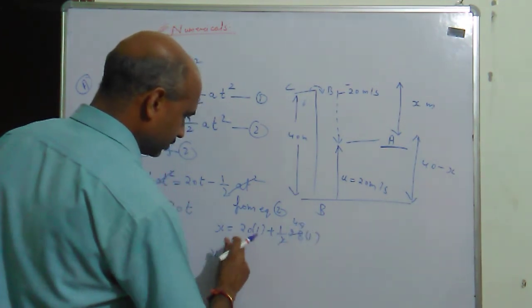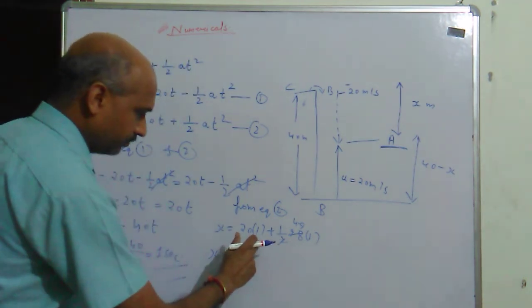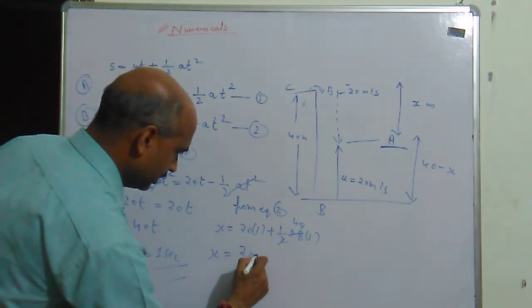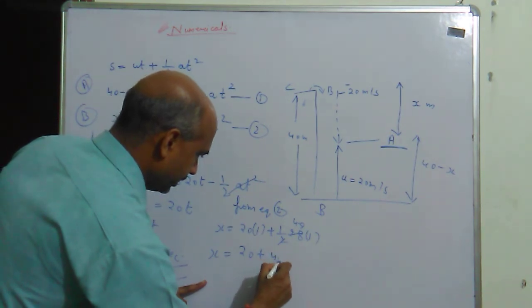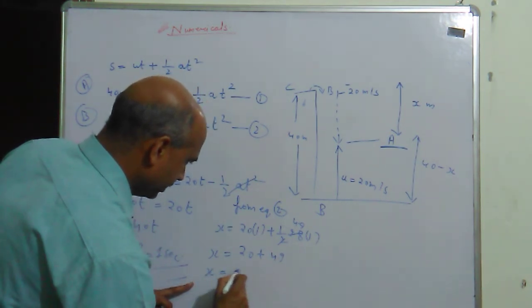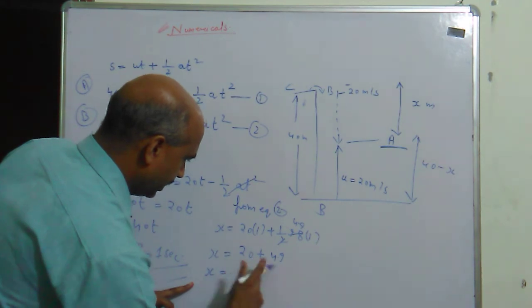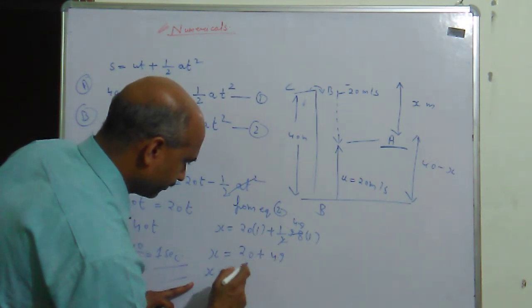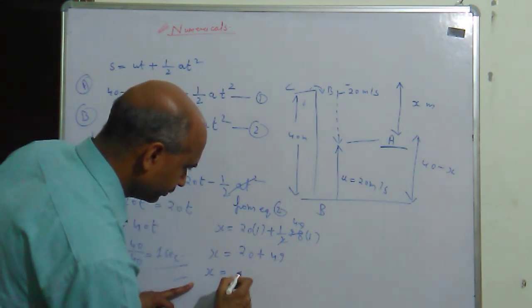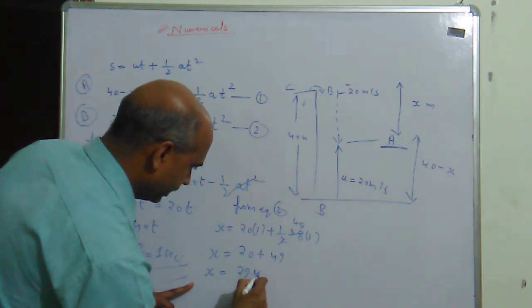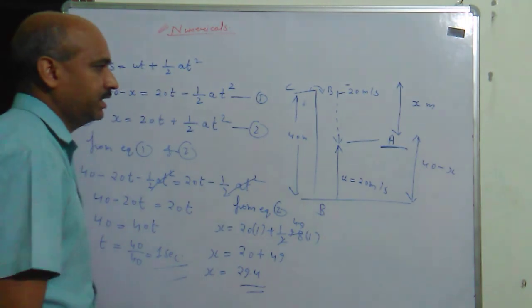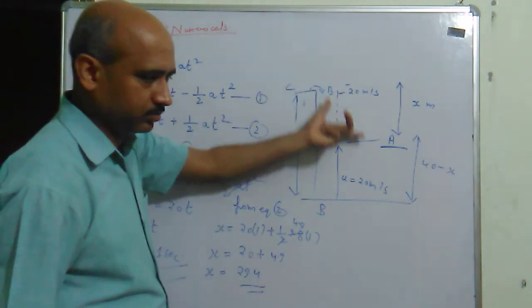So x equals 20 plus 4.9. So on adding them we are getting 24.9. So that means 24.9 from ball B.